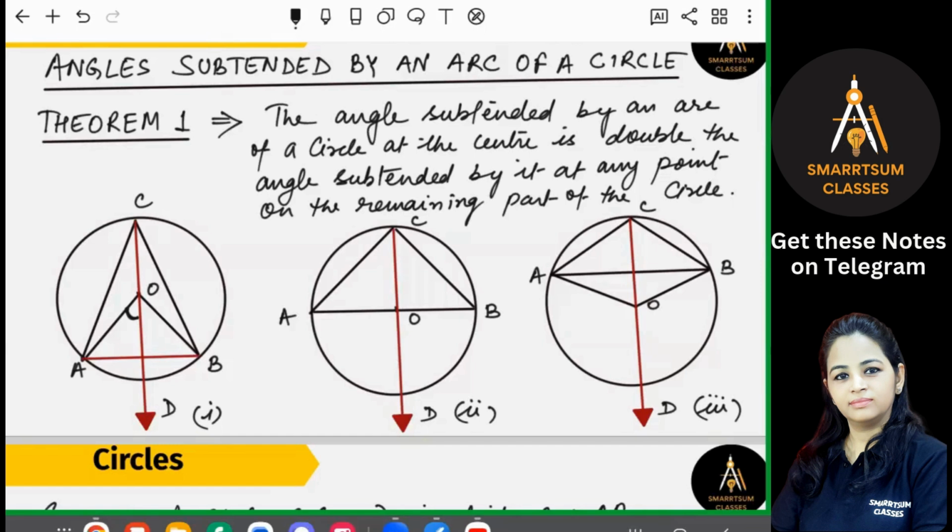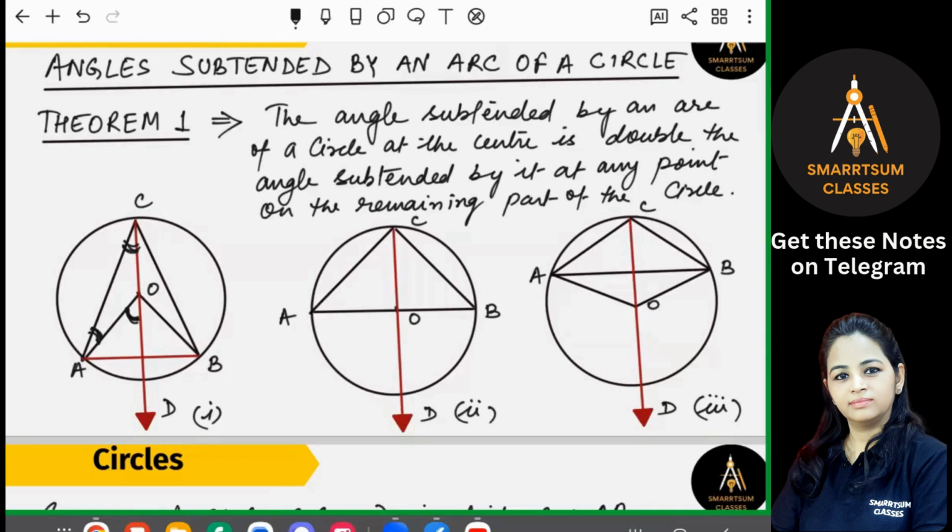And this will be equal to the sum of OAC and OCA, yes or no? So angle AOD will be equal to the sum of these two angles according to the exterior angle property. The exterior angle of a triangle is always equal to the sum of the interior opposite angles. Is that clear?